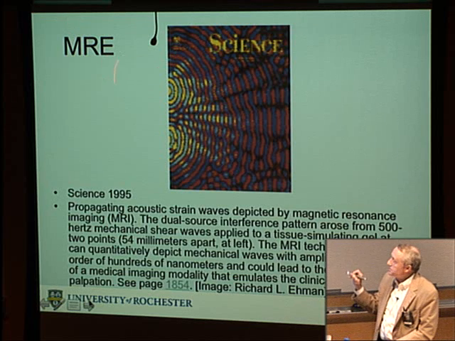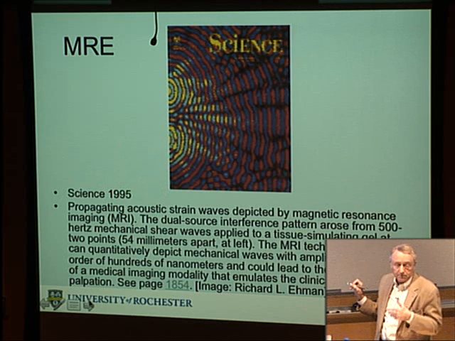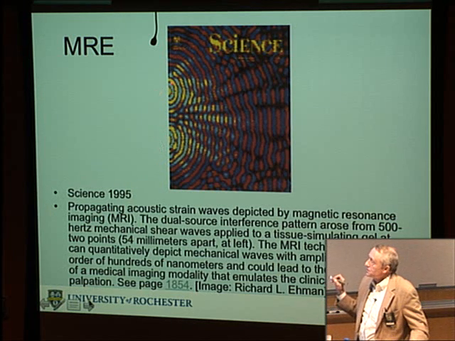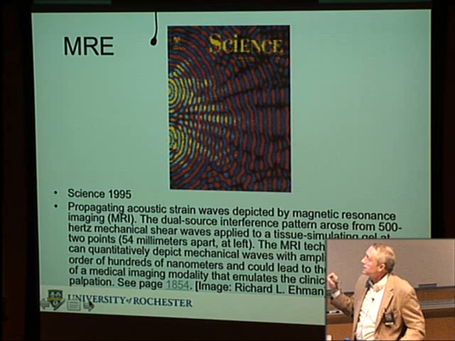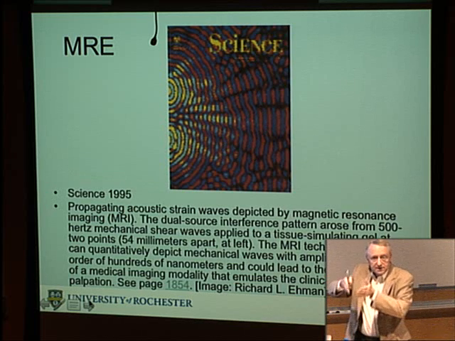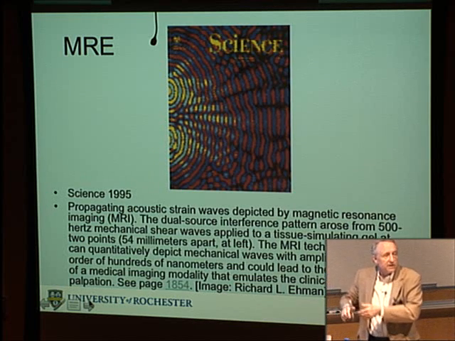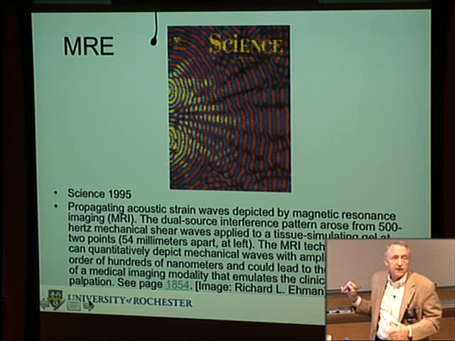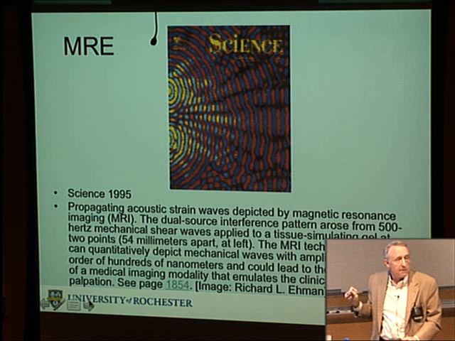Then MRE comes. MRE comes around somewhere around, this is the cover of Science in 1995. It comes out of Mayo Clinic in Rochester, Minnesota. So here are two sources, putting shear wave vibrations into a phantom, and they're measuring, now what are these stripes? These stripes are plus-minus shear wave displacements in the medium, only measured using the MR scanner instead of using ultrasound and Doppler.